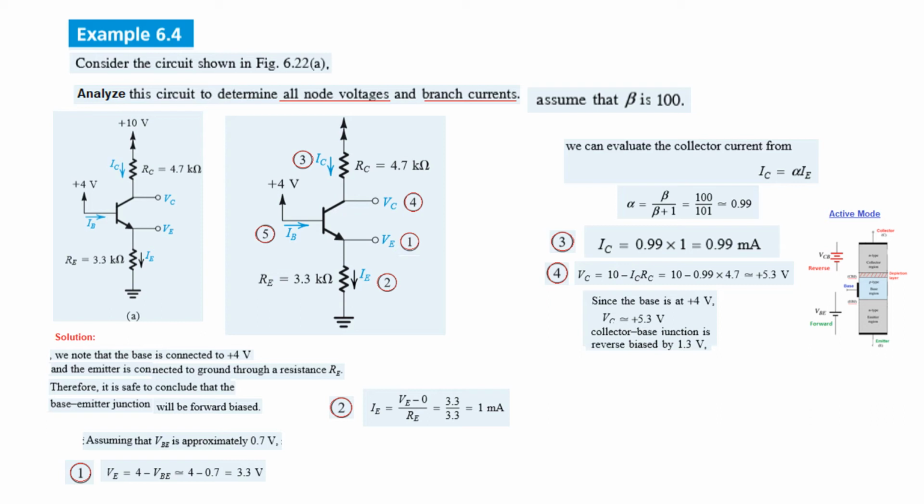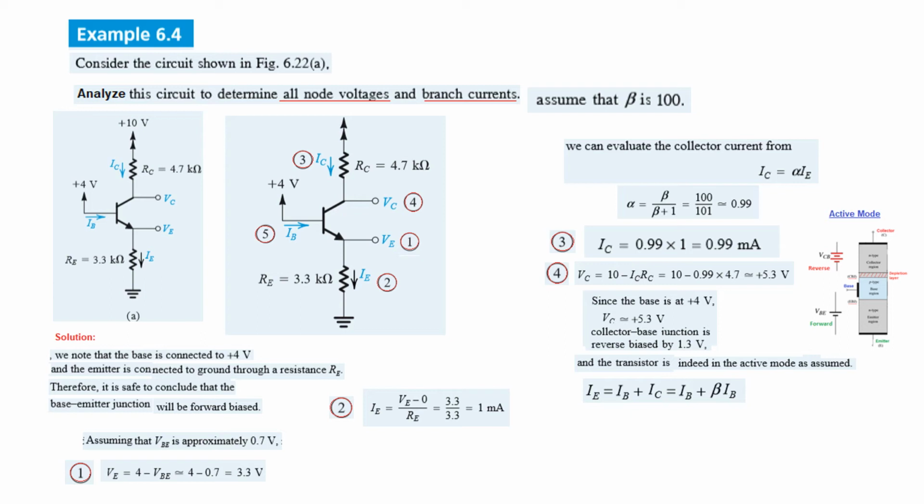So the collector is at higher potential, and so this is reverse biased. And therefore the transistor is indeed in the active mode. We know that for active mode this has to be forward biased and this has to be reverse biased. So that is confirmed. Now let's find out IB.